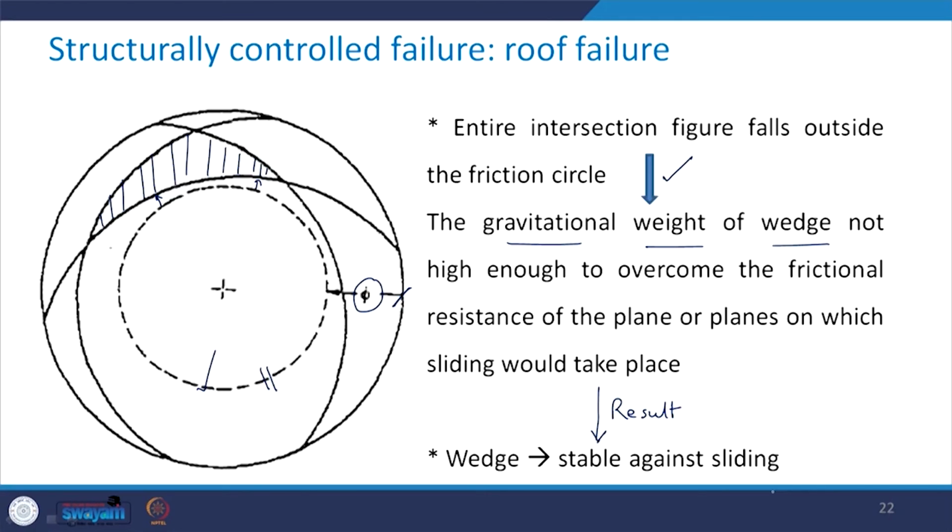So, this is what I wanted to discuss with you as far as the stability of the wedge in the roof portion is concerned, that is, how can we find out whether it is going to fall or whether it is going to slide or whether it is stable.